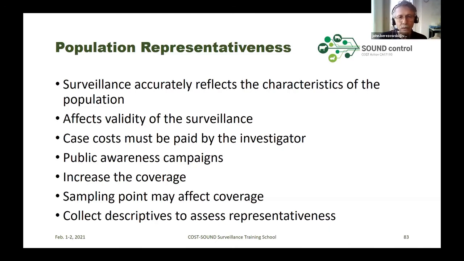And to have representativeness, you think about the sample, you think about things that, for passive programs, may affect whether people report or not, public awareness campaigns, increasing the coverage, and always assess the representativeness of your samples. So look at the descriptive statistics, sex, age, production type, location, and compare them to census figures to see whether your sample is actually representative of the population.